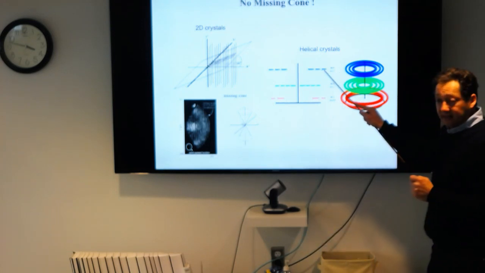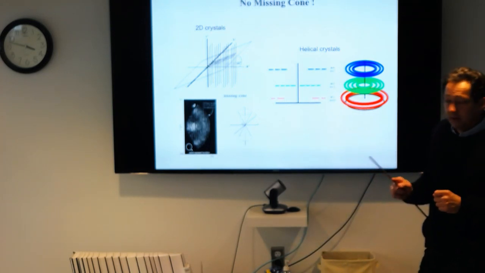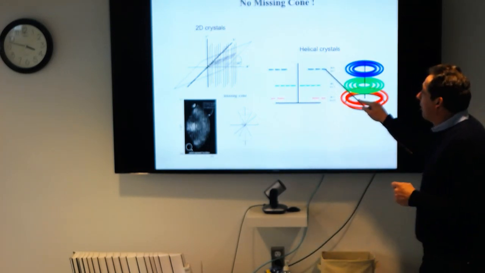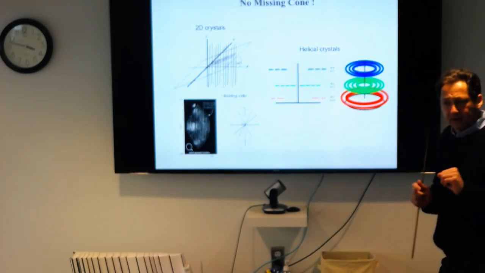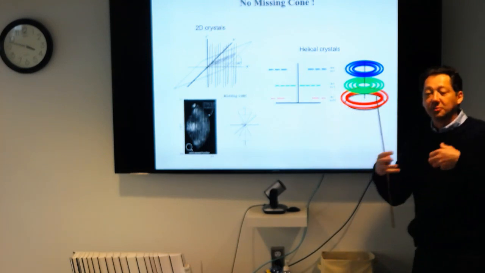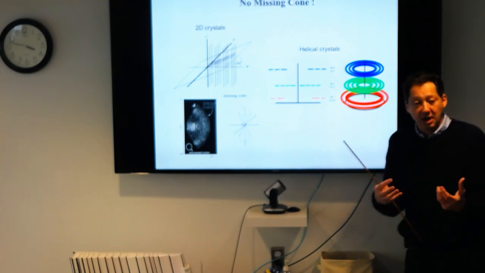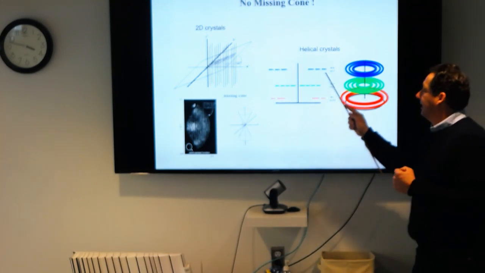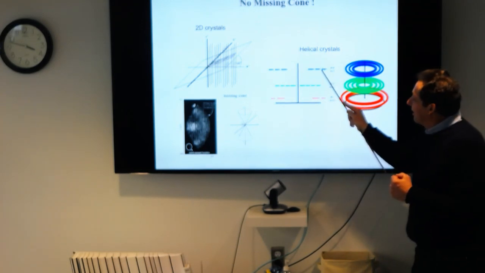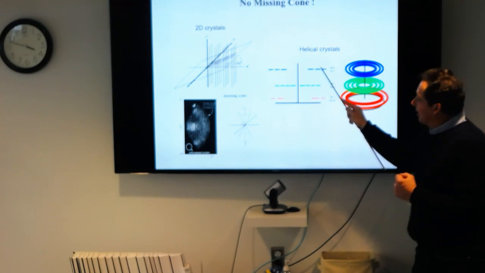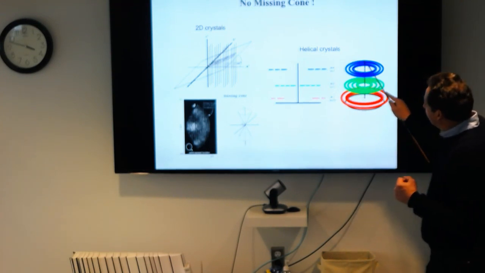And the phases are predictable, depending on what we're going to call the Bessel order, which you may not know yet, but when you know what type of helix you have, you know how the phase shifts along this line.